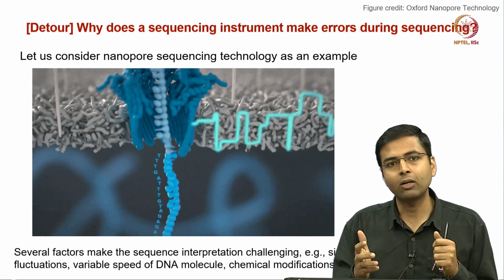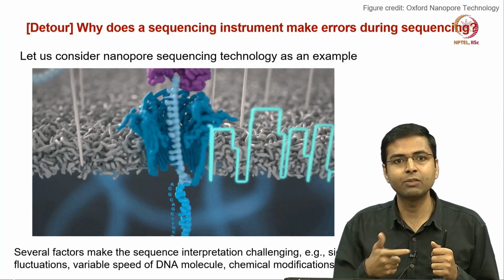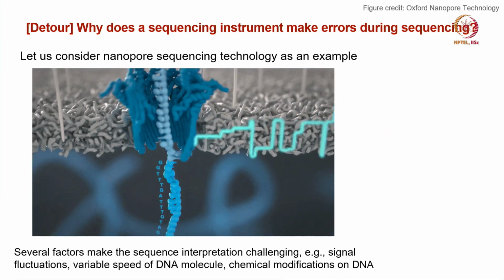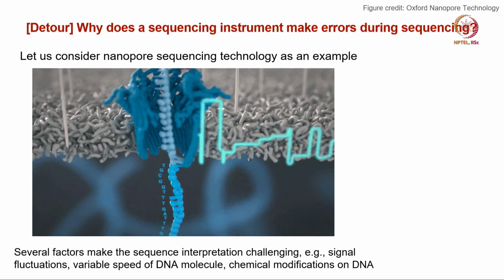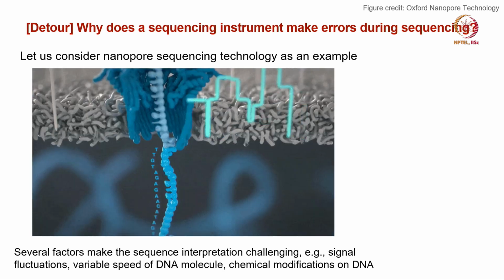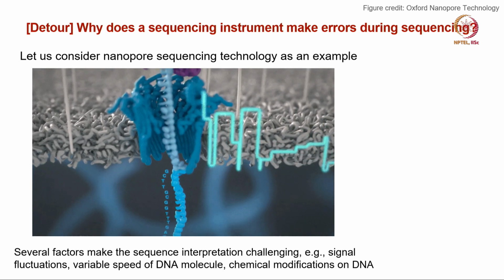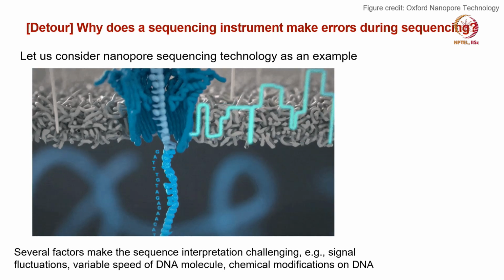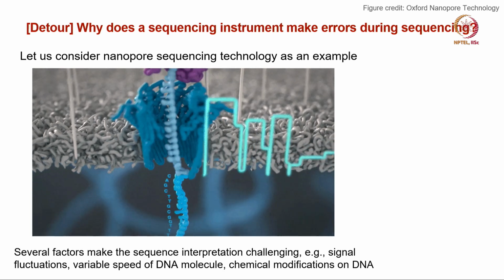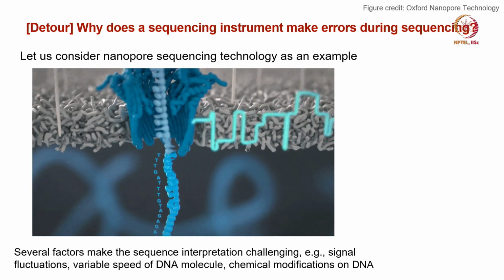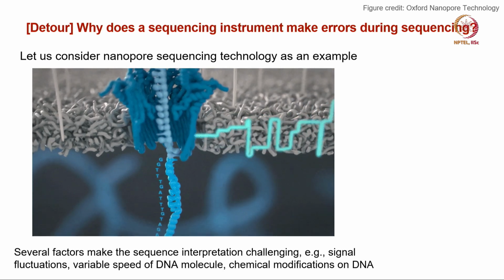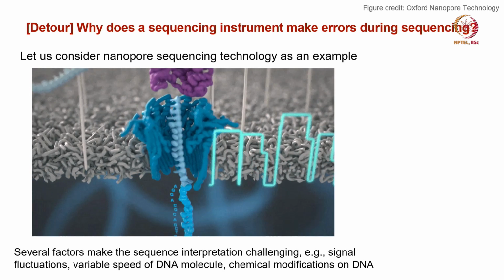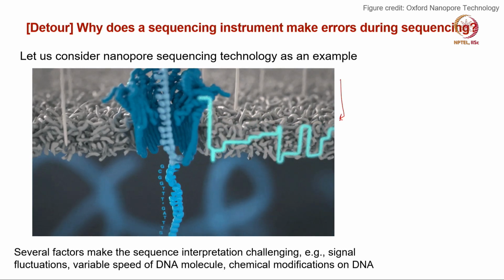There are many sequencing technologies, out of which nanopore sequencing is one of them. In the way reads are generated, you have DNA molecules passing through nanopores, and as the DNA molecules pass through these nanopores, current signals are generated.